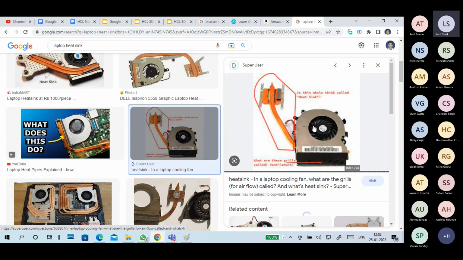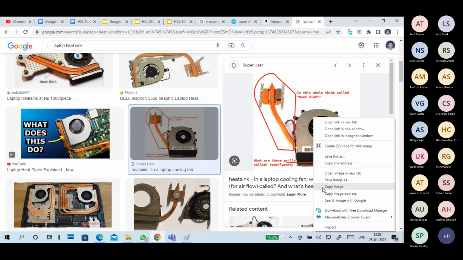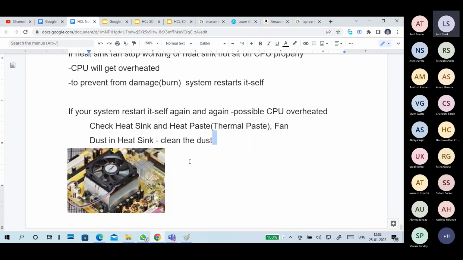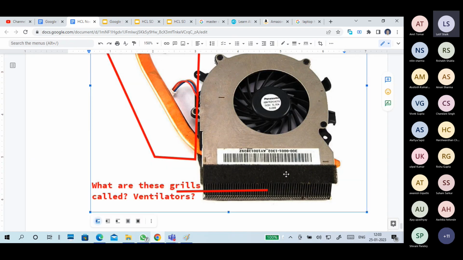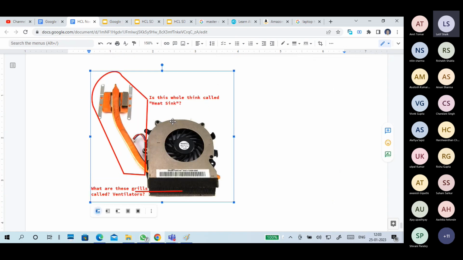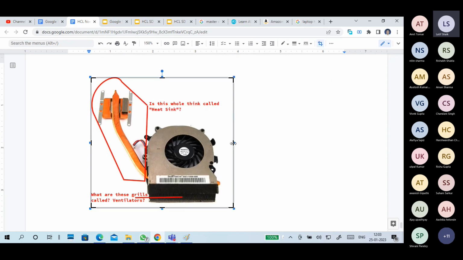Okay guys, my point is, when you are using a laptop, do not put your laptop on your lap. Of course, there are some other problems too, because the heat is directly touching your thighs.